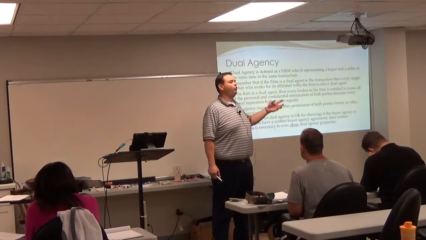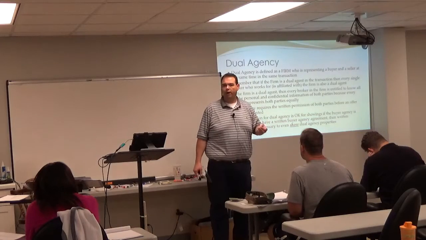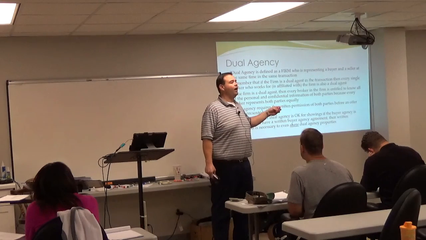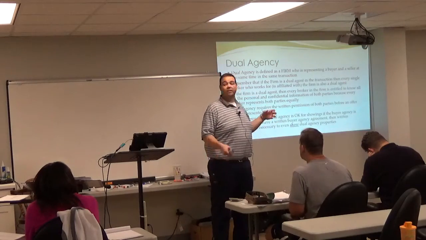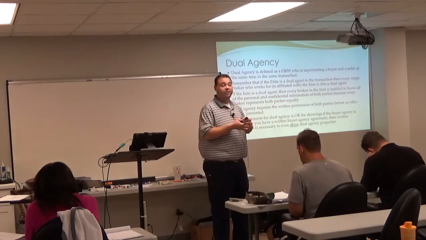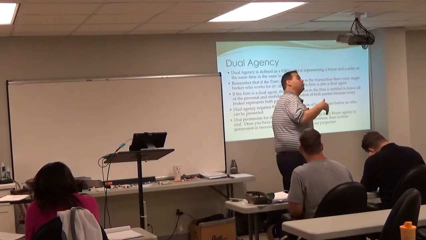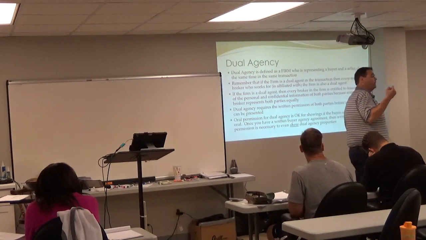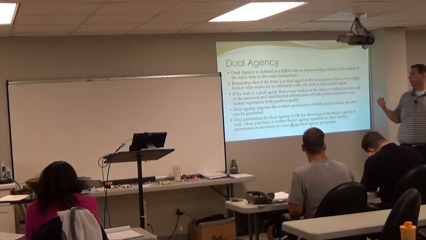Tommy has the freedom to advise the buyer client on what they should offer on the property. If he has the freedom to give advice, it must be what kind of agency? Designated dual agency, because that's the only form of dual agency where we can give what? Advice. Because remember, if we're in true dual agency, what's the first thing that falls away? The advice. We don't give any if we're in true dual agency.